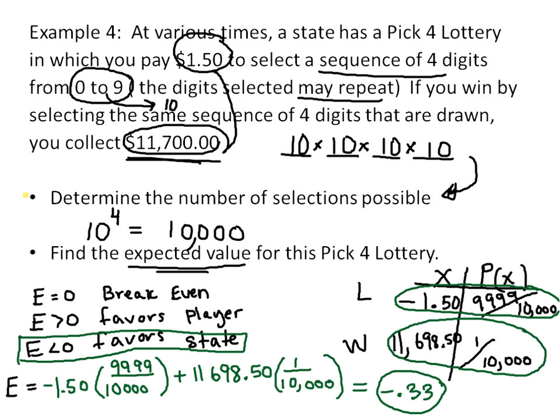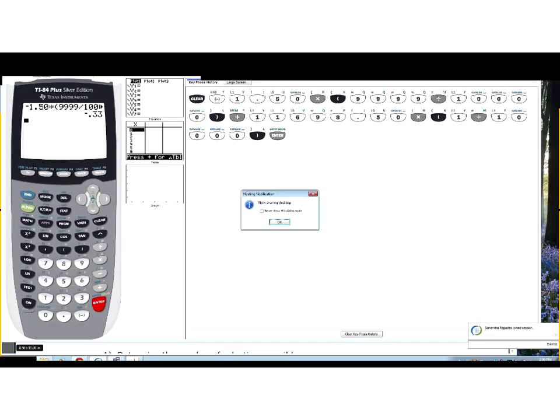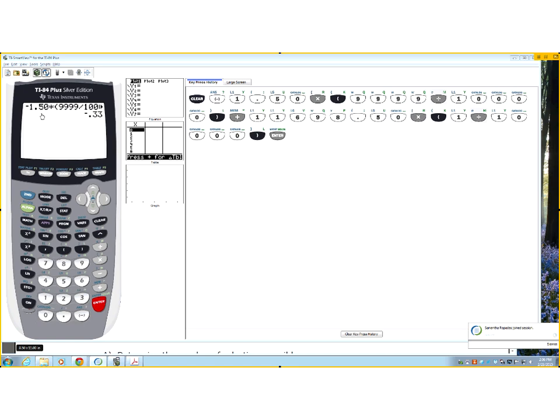Someone said you did the same thing, but you got negative 3.3. I would check your calculator one more time, you're probably missing a digit. Go back and check the numbers that you've entered.